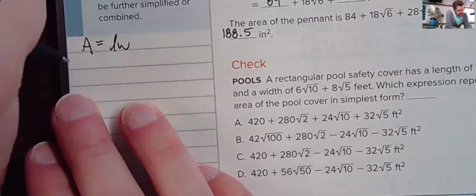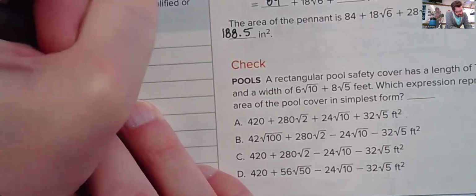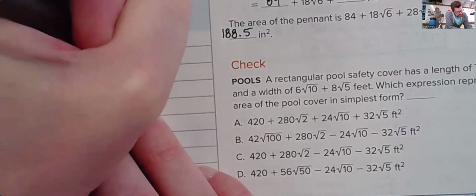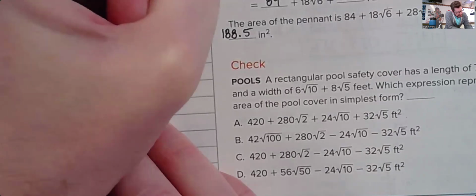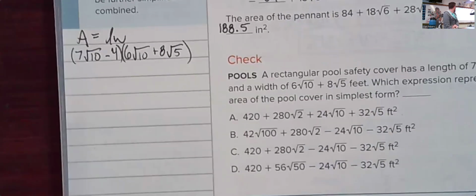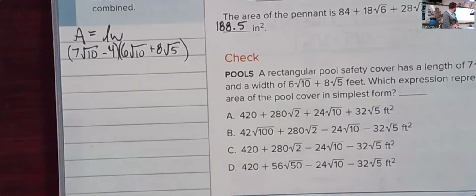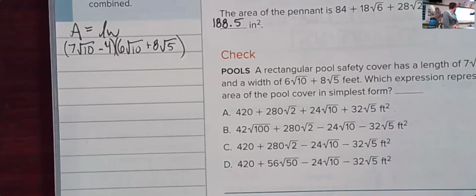We are going to get 7 root 10 minus 4 times 6 root 10 plus 8 root 5. All right, I want you to work through that one and figure out what the answer is going to be.